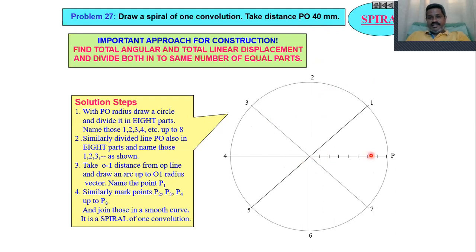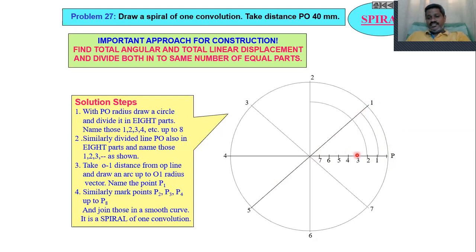Then divide the radius also into the same number of divisions as we have done in the case of the circle. Then name all those points from 1 to 8 like this. Then take O1 as radius with O as center. Then get the first point and draw an arc to intersect the first line at this location.